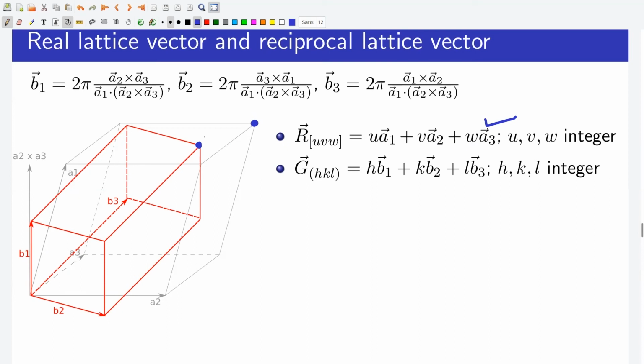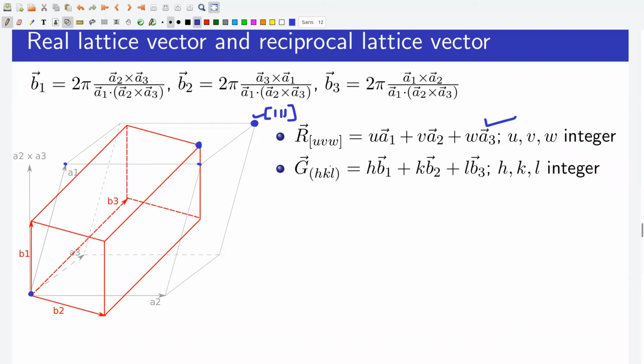How do I reach this point starting from the origin? I move along A1 by 1 unit, along A2 by 1 unit, and along A3 by 1 unit. So this is the 1, 1, 1 point in the real lattice.